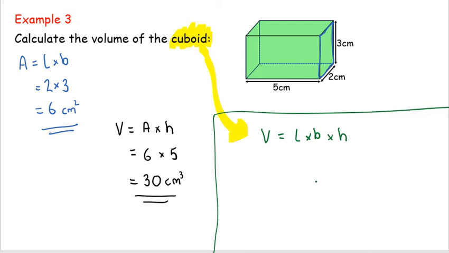L times B times H. That's a quick way of working it out. If we do this, we still do 2 times 3, then times by 5. So it's the same thing we're doing, just all in one calculation now. So 2 times 3 times 5, which gives us the same thing, which is 30. Okay, so the quick method of working with the cuboid. Either way would give you full marks.